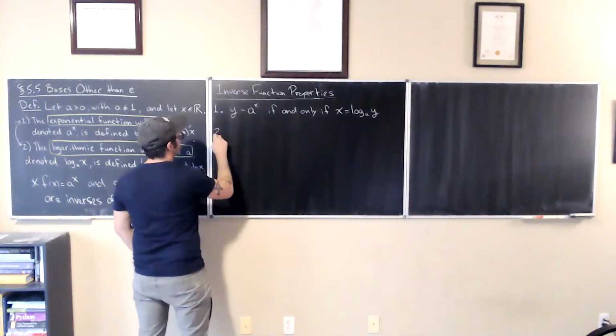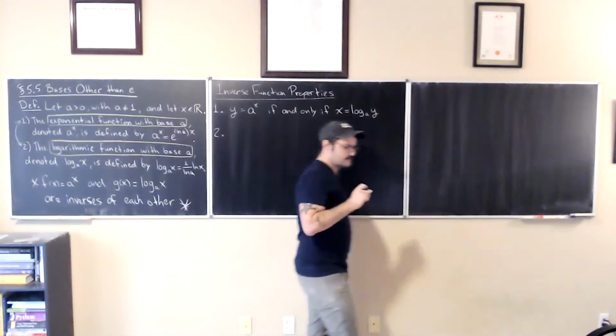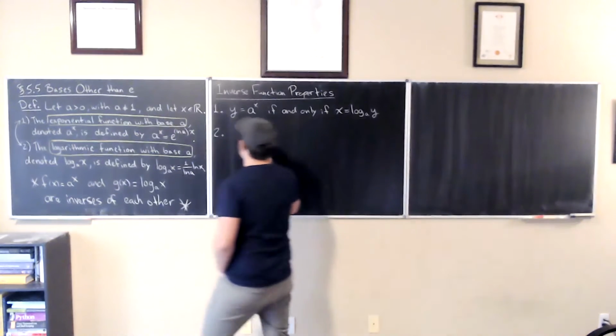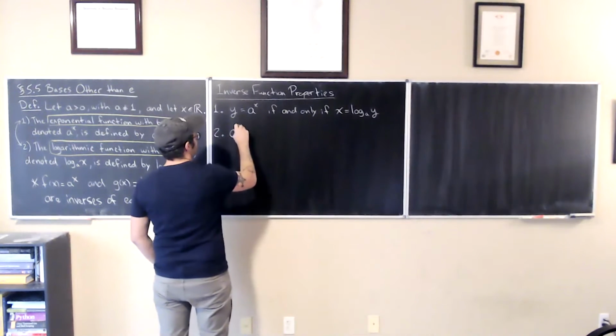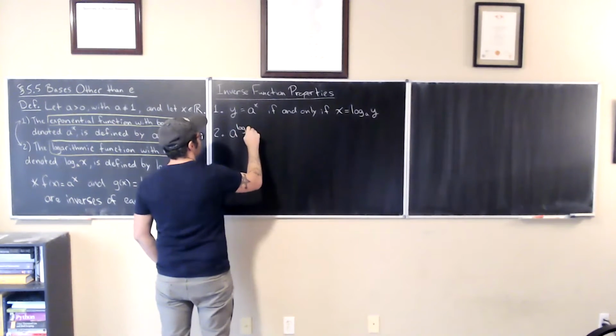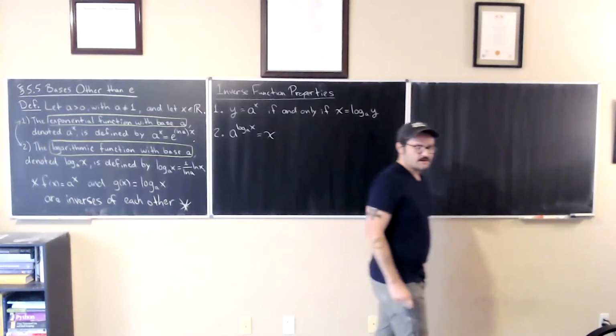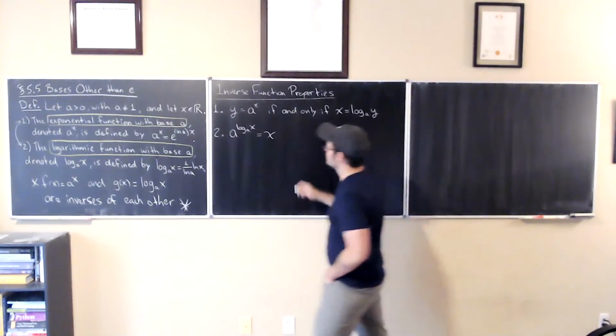Two. So the second one should probably be this. If we look at a to the power of log base a of x, this is just going to be equal to x, provided x is greater than 0.